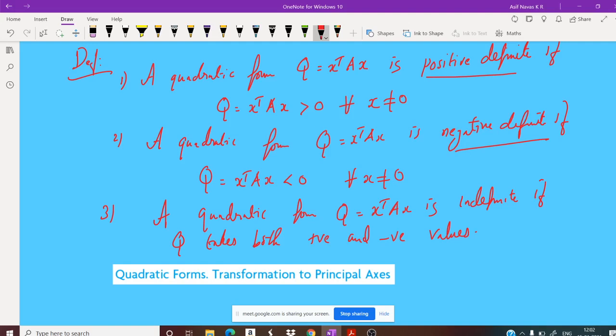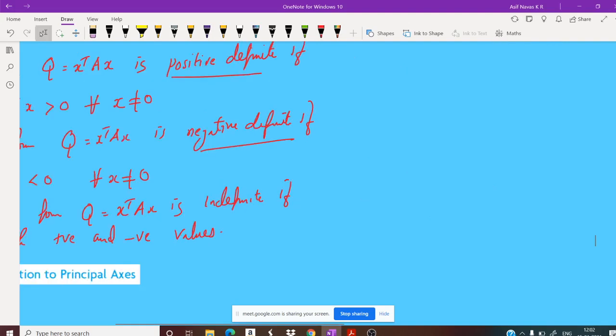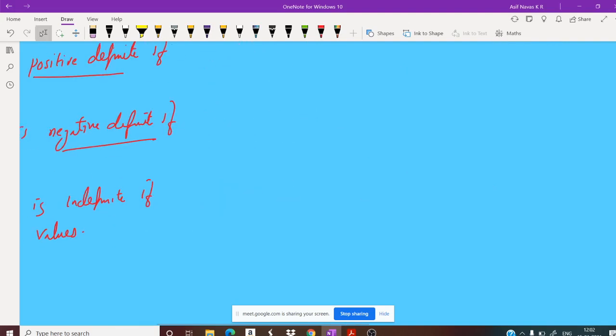If Q takes both the positive and negative values, then we say that the quadratic form is indefinite.